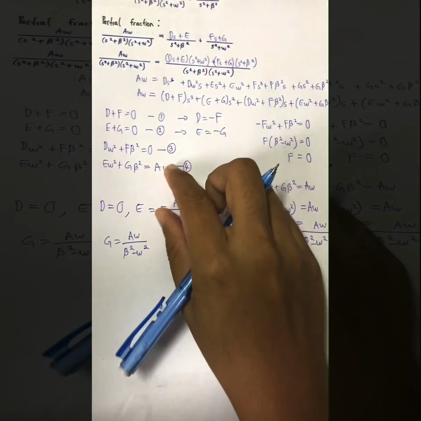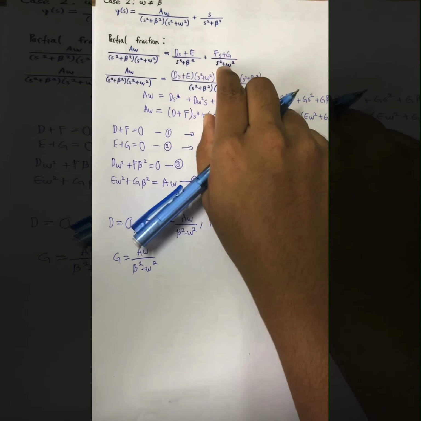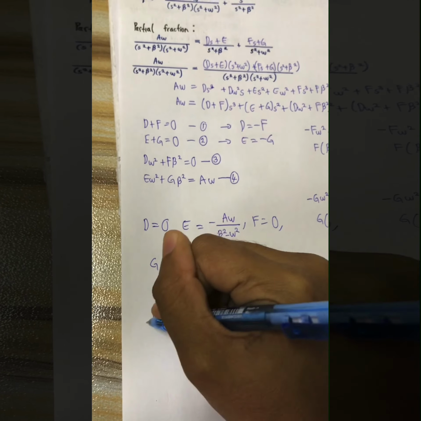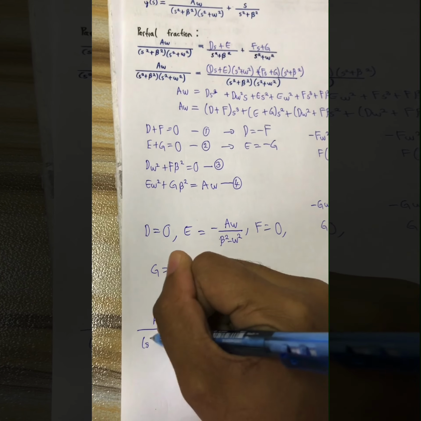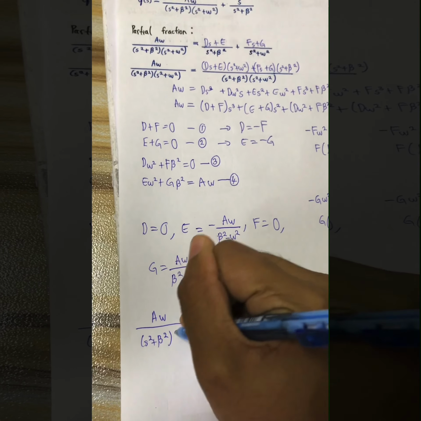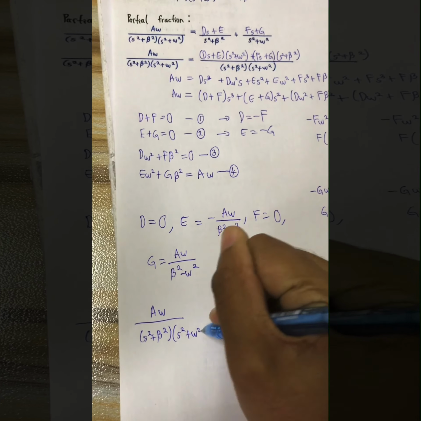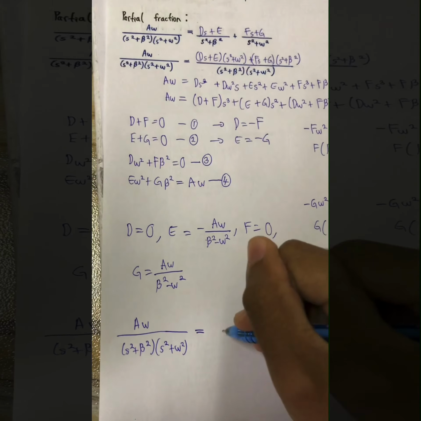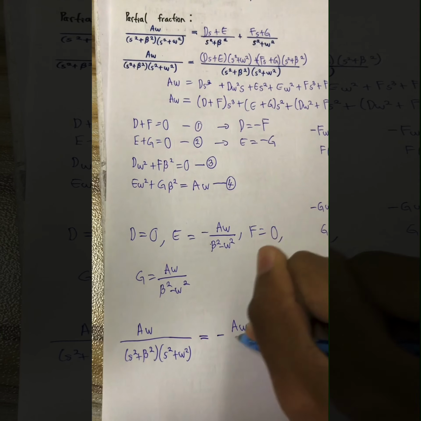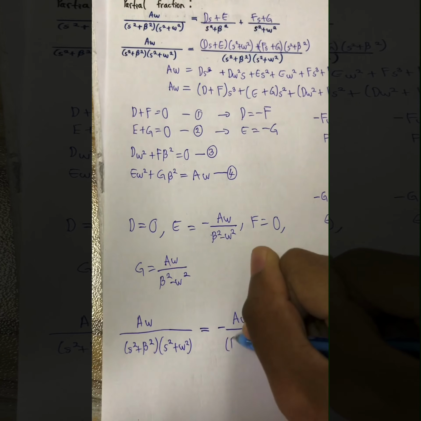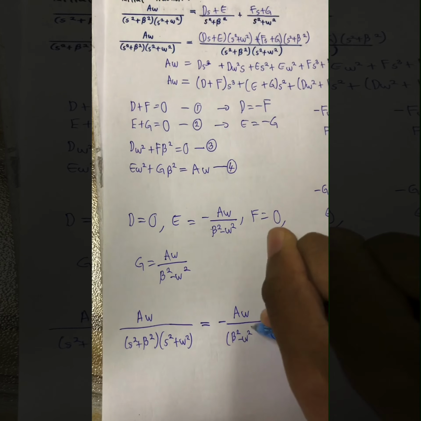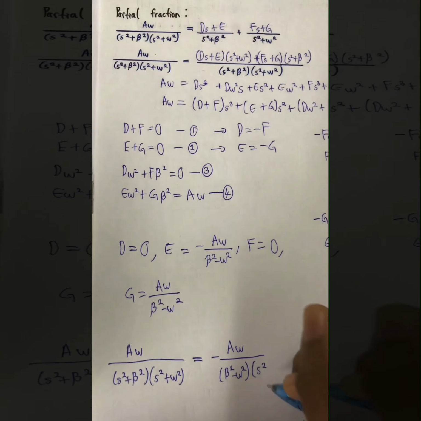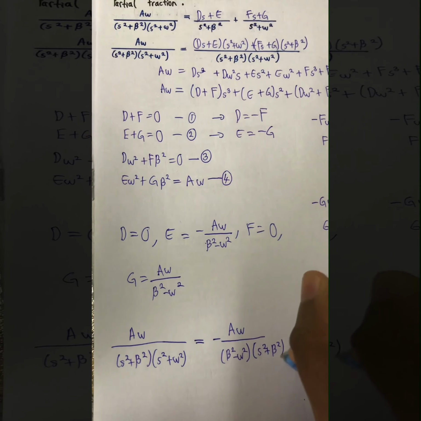So we just substitute d, e, f and g into this. Actually our a over s square plus beta square times s square plus omega square is equal to, our d is 0, so our e is minus a omega divided by beta square minus omega square, and then over s square plus beta square.